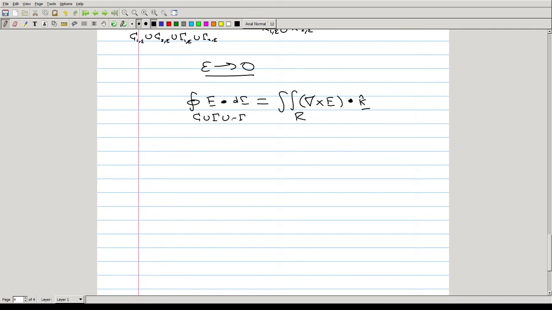The final step here is remembering how to simplify our line integrals. This is the same thing as the closed integral over C of f dot dr plus the open integral over gamma of f dot dr. Then the integral over minus gamma is negative the integral over gamma of f dot dr. All of this is equal to the double integral over the region R of the curl of f.